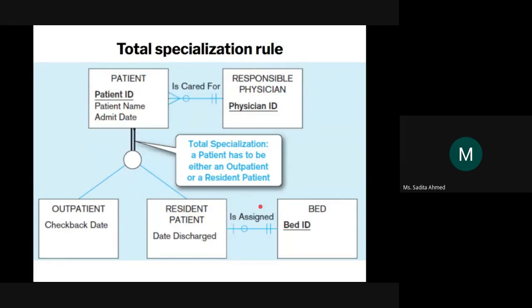Total specialization rule কিন্তু whether a patient instance can belong to both the subtypes or not, এটা নিয়ে কিছু বলে না। Total specialization rule শুধুমাত্র আমাদেরকে এতটুকুই বলে যে a patient instance must be either an outpatient or a resident patient. এমন কোনো patient instance থাকতে পারবে না who is neither an outpatient nor a resident patient.